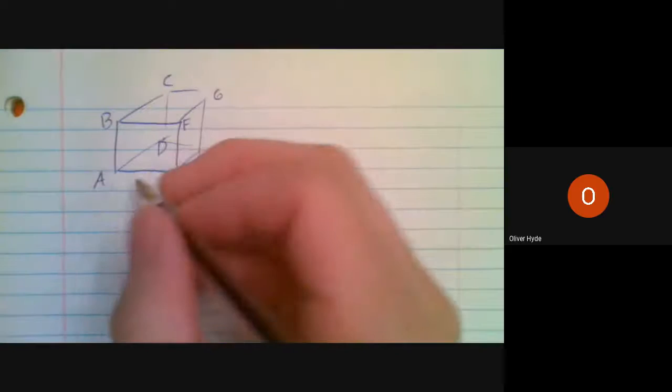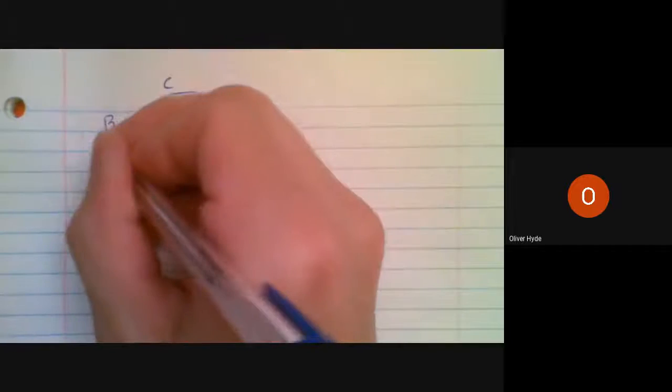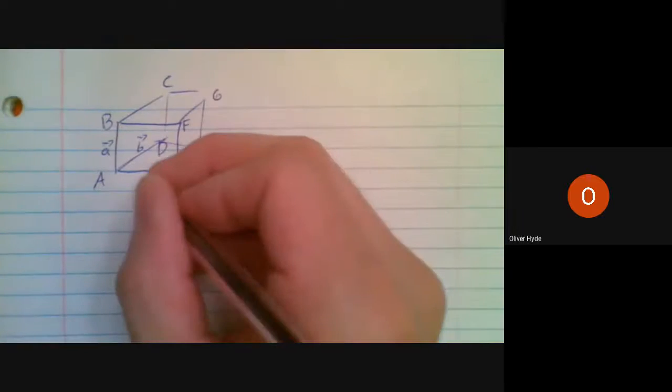And I was told that the vector AD was lowercase b, that AB was lowercase a. Not the greatest naming convention. Who came up with this? AE is lowercase c. Okay, and we are asked in question number 3 to write as an operation on a, b, and c.